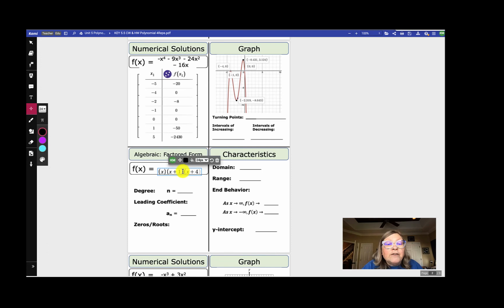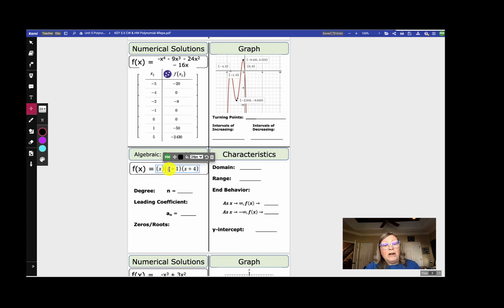Remember, the linear factors are the places where it has an x-intercept, and because these are all multiplied together, they're called zeros because if any one of these parentheses turns into 0, that forces the function to be 0. And since we know that happens at x equals minus 4, we know there has to be a linear factor of x plus 4.